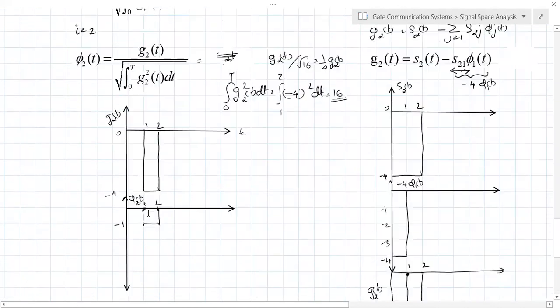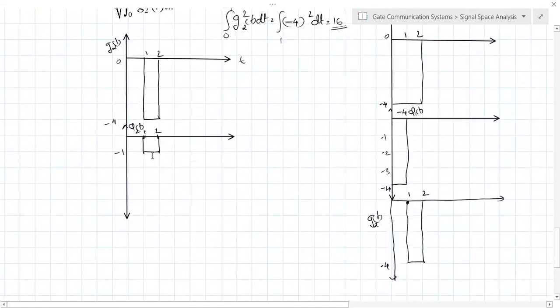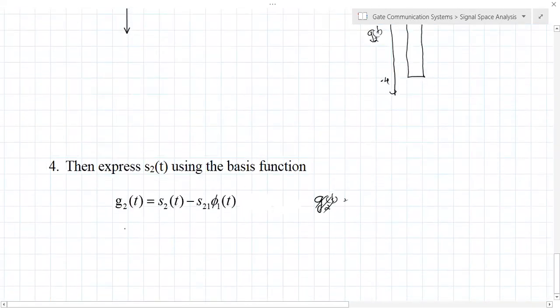Here you can see that phi 2 of t is equal to G2 of t by root of its energy. So we can write 1 by 4 G2 of t. So you can write G2 of t as 4 into phi 2 of t. Okay, so if you rearrange this particular equation, S2 of t, you can write minus S21 of phi 1 of t, and if you move this to the left side, it becomes plus.